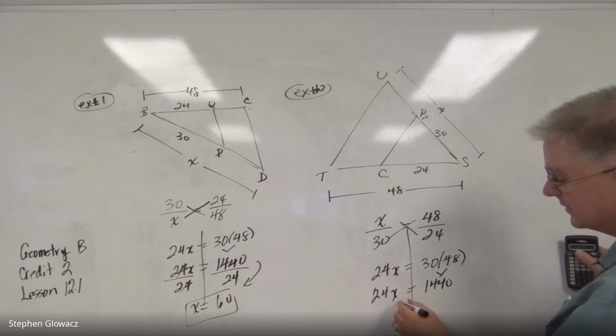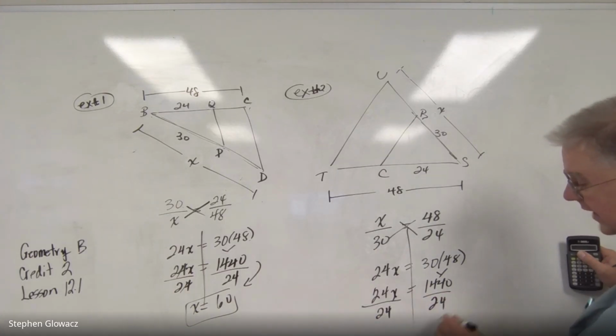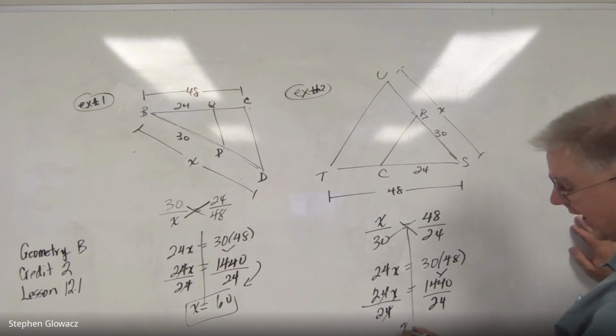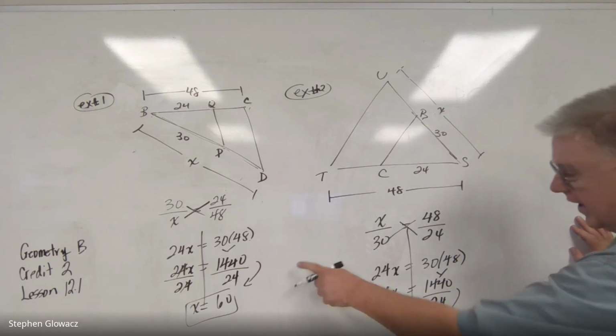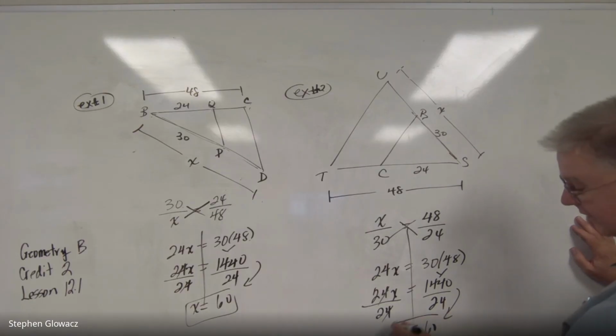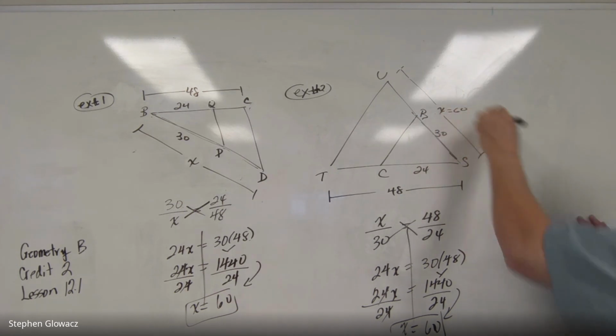And then our last step, x is being multiplied by 24, so we divide 24 to both sides. 24s cancel out. We bring down our x, and then as we already know from the last problem, 1,440 divided by 24 gives us a length of 60. And so our missing side here would be 60.